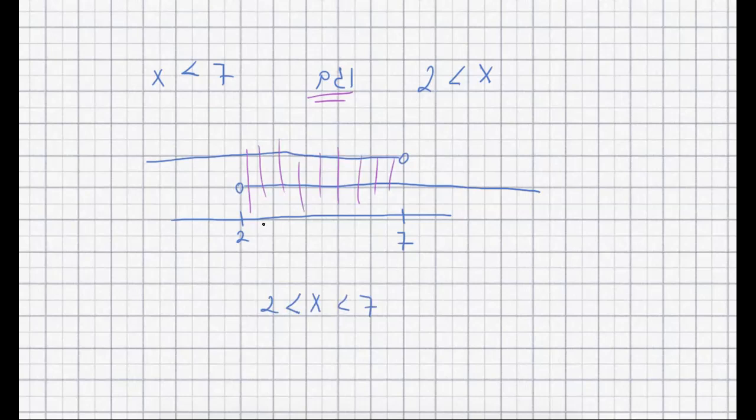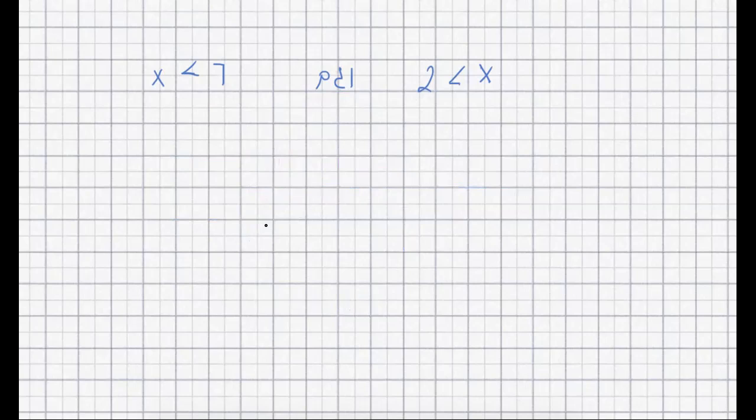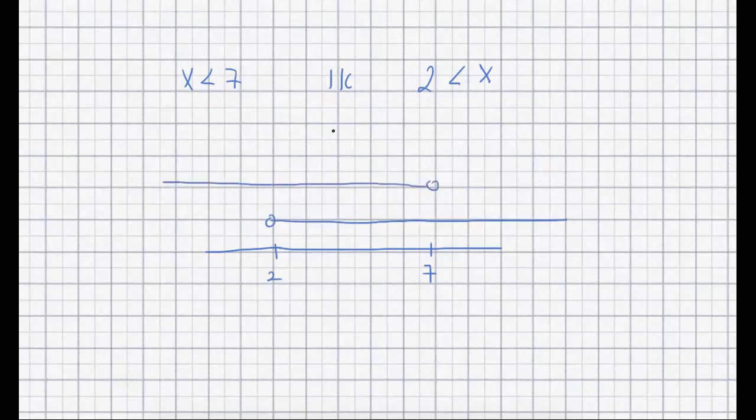Now let's do the same thing with או. And you will watch it again, it will be a little bit more clear. So let's say we had the same thing, but we had או: x smaller than 2 או x greater than 7. We do the same thing here. We do 2, we do 7, we do the same drawing. But now, או means it has to be either smaller than 2 or greater than 7.